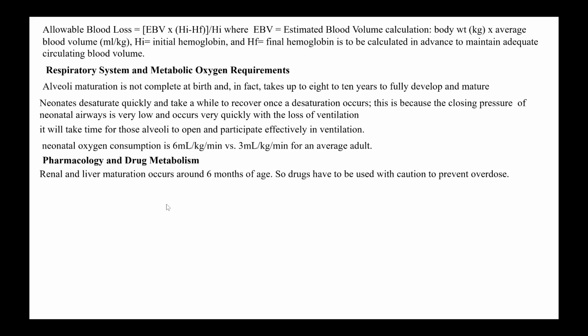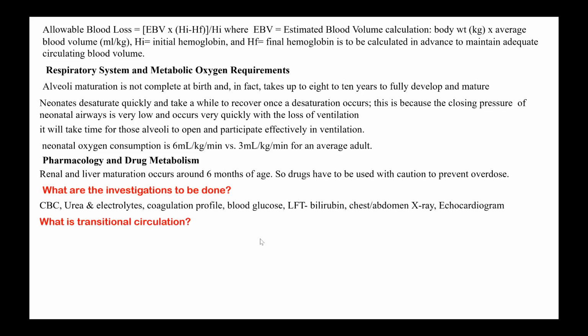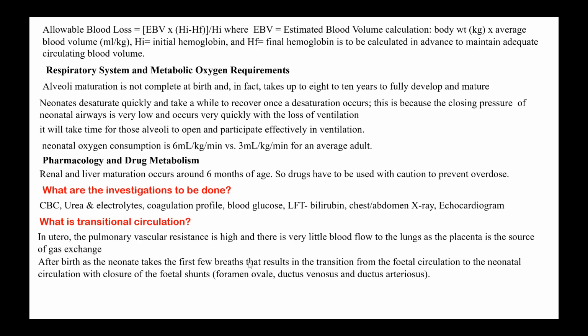Pharmacology and drug metabolism: renal and liver maturation occurs only after 6 months of age. So neonates have an inability to metabolize drugs, and you can easily overdose the children. Investigations needed are CBC, urea and electrolytes, coagulation profile, blood glucose, LFT, etc. And transitional circulation, which we have already seen, the flip-flop circulation, is otherwise also called transitional circulation, switching from fetal circulation to adult circulation.